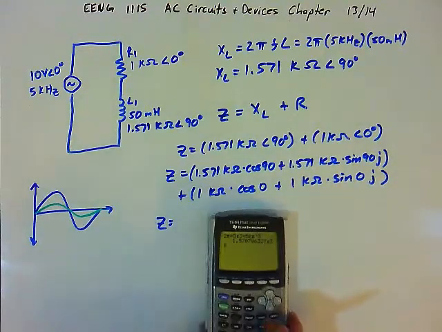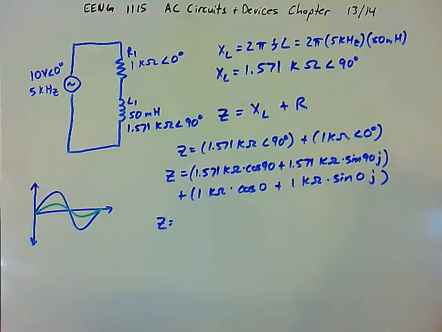So I have 1.571 EE3 for kilo times the cosine of 90 degrees, and we get 0. The cosine of 90 degrees is 0, and so we're always going to get 0 when we multiply by the cosine of 90.